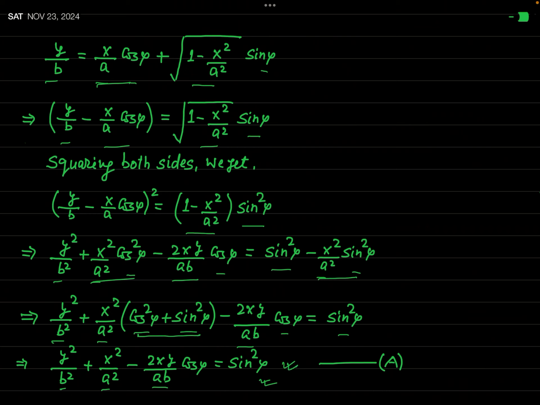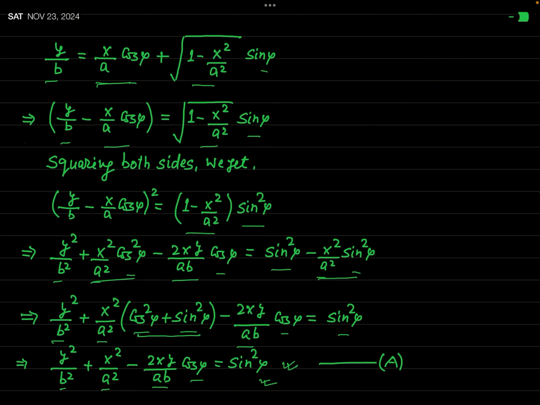If you look at this equation carefully, you can say that this is the general equation of an ellipse. So in general, the particle in this condition will describe an ellipse. But for different values of phi, which is the phase difference between the two SHMs, the path will be different.